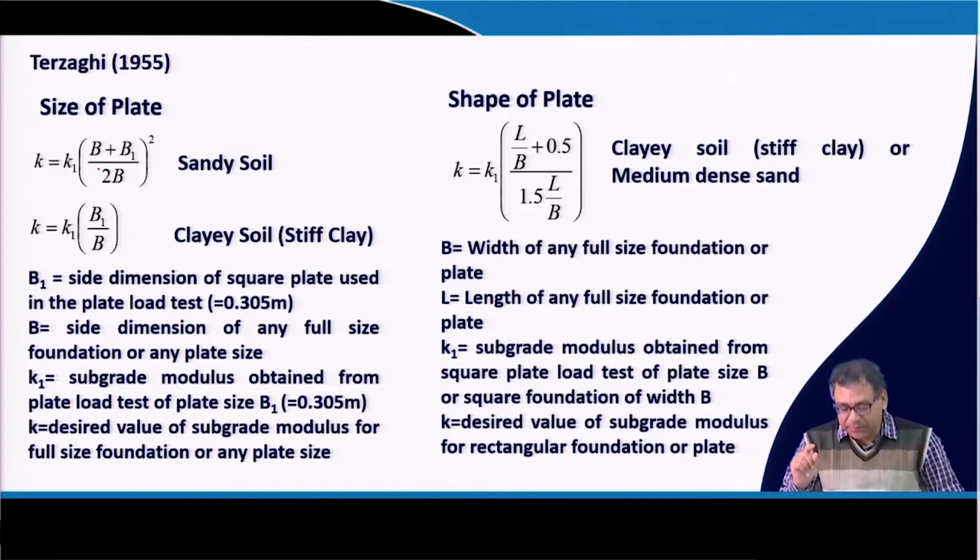So, first step is that you have done the test for K1 with some plate size B, then you convert it for the actual foundation, if it is a rectangular footing, by using this expression, and that is for clay soil or medium dense soil. So, more or less for any kind of soil I can use this expression.